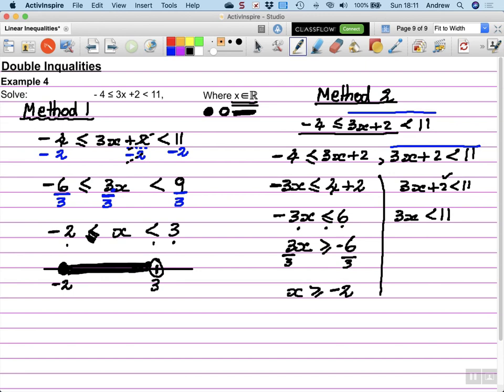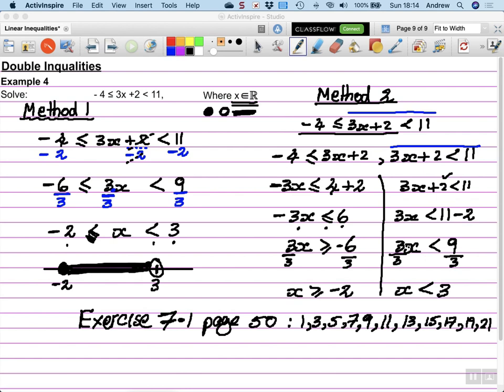The 2 moves over, so the plus 2 becomes a minus 2. So the 3x is less than 9. Divide both sides by 3, and therefore you end up with x is less than 3. And then you can draw the same number line very much the same way.